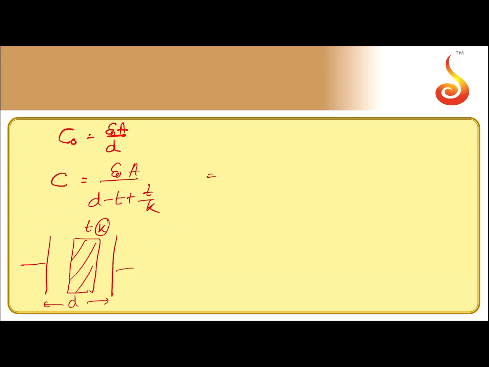So, if I substitute here, what is it going to be? This is nothing but epsilon naught A divided by D minus D by 2 plus T divided by K, T is D by 2 divided by, this is also 2.